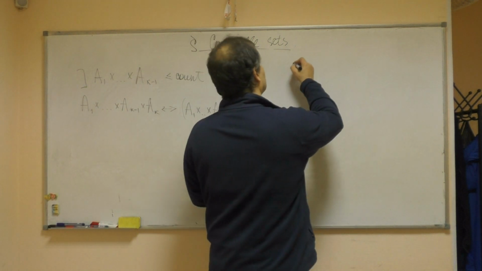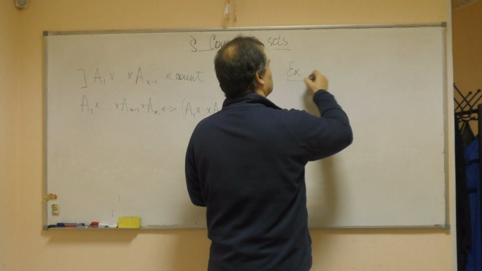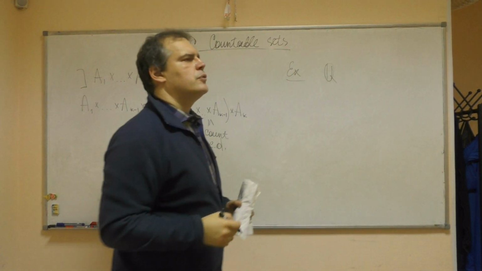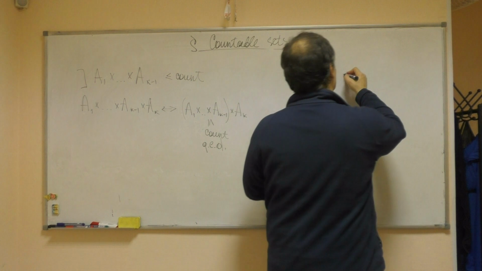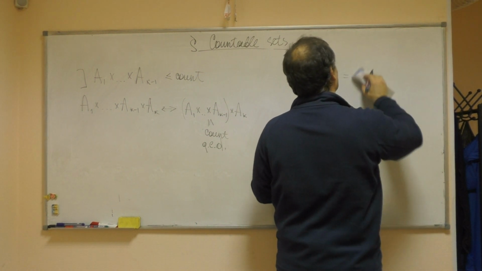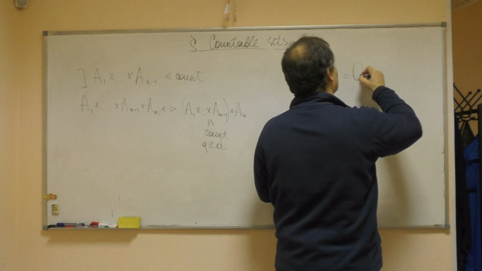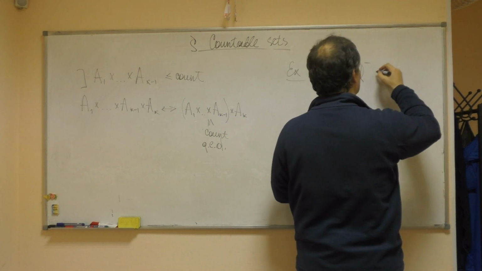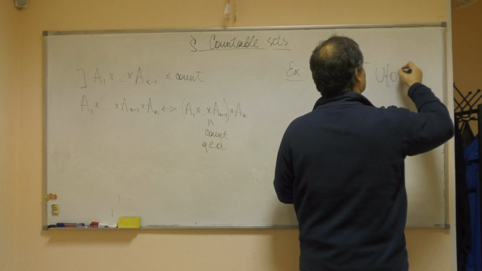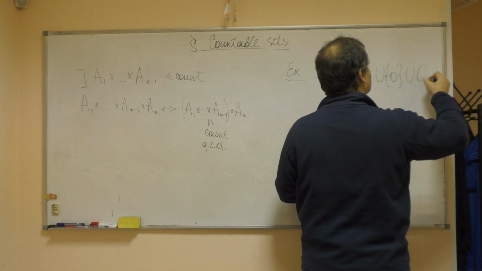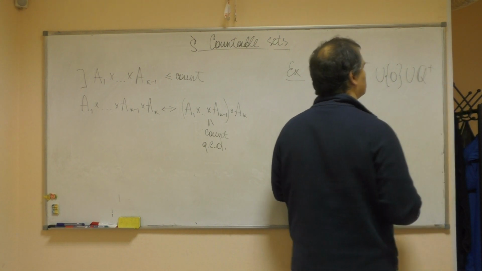For example, the set of all rational numbers can be represented as a union of negative rational numbers, 0, and the set of positive rational numbers.